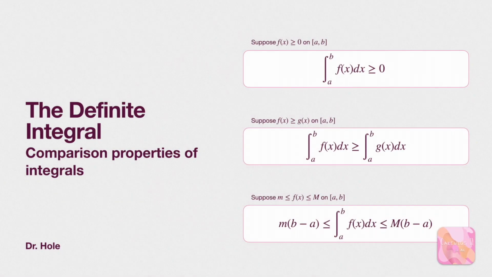All right, so we have three properties that we're going to discuss. Let's start with the top. If you take an integrand which is non-negative, then its definite integral can be interpreted as the area under the curve, and the curve, by being non-negative, will produce a positive area.